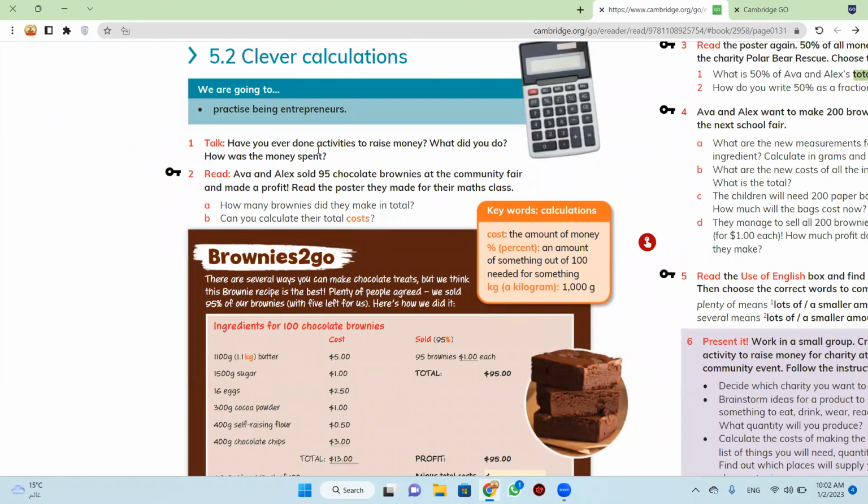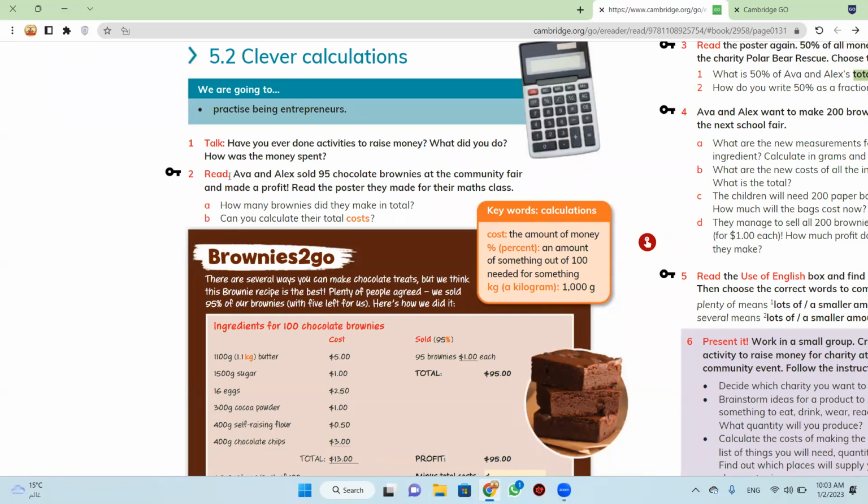Did you raise money for charity? Did you maybe raise money to buy a new gadget or for some other reason? This is the first activity; maybe we will get back to it.